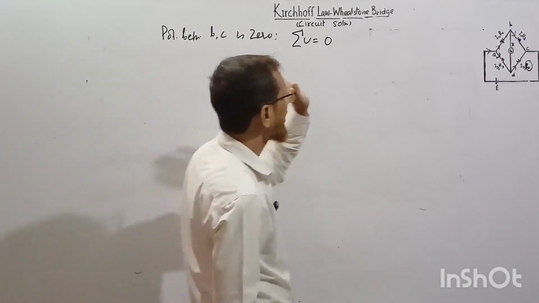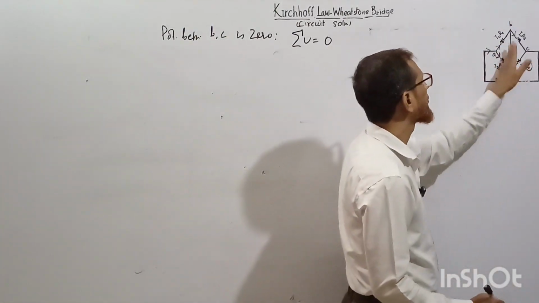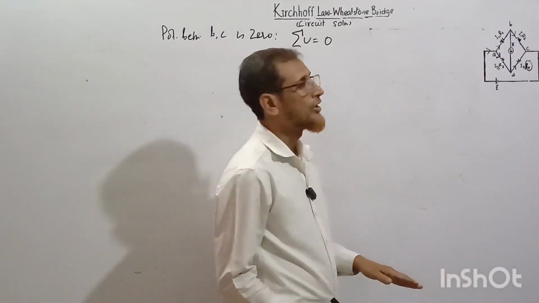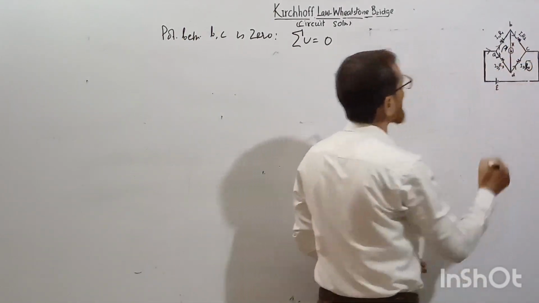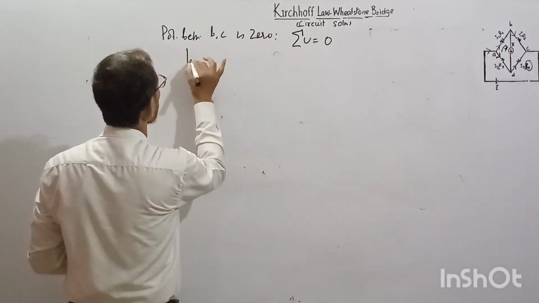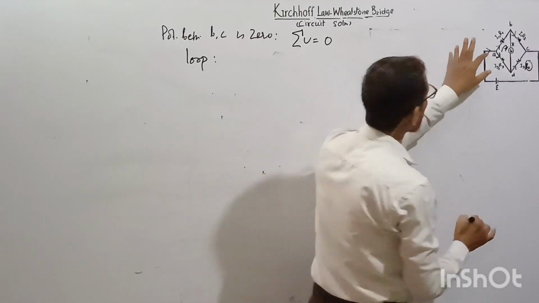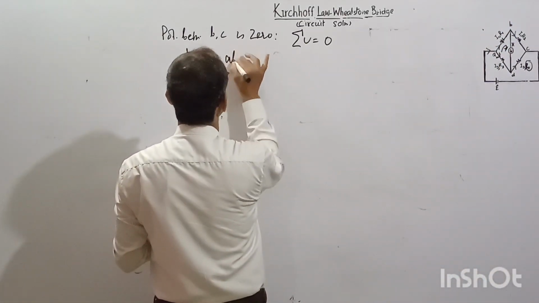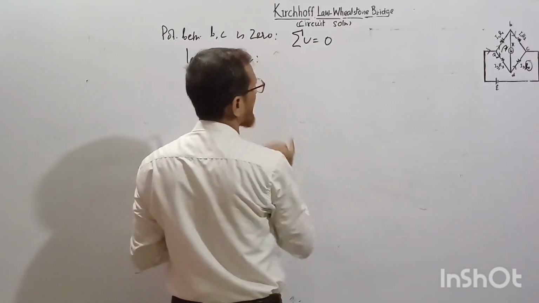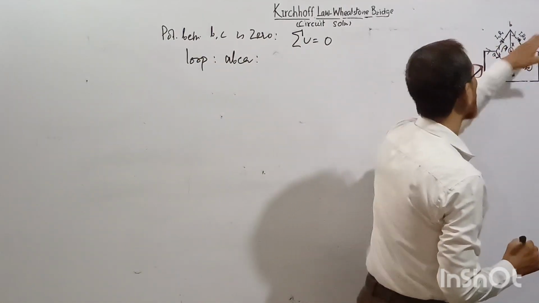So if the potential across these two is 0, then there should not be any current. Now apply Kirchhoff's loop law through A B D A, and A B C D A. So what happens? The current is passing along the resistance.